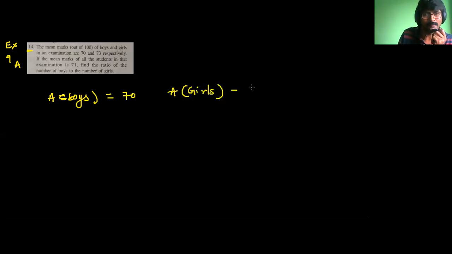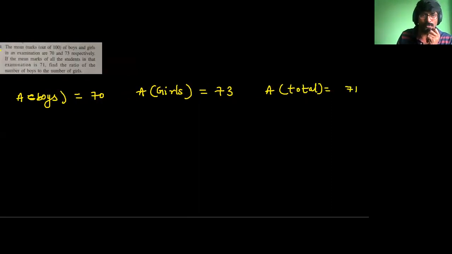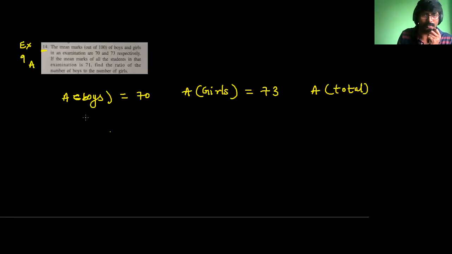The mean marks of all the students in that examination, the average of total, is given as 71. Now, the interesting part is we don't know the number of boys and the number of girls. So let's say the number of boys is X and the number of girls is Y.